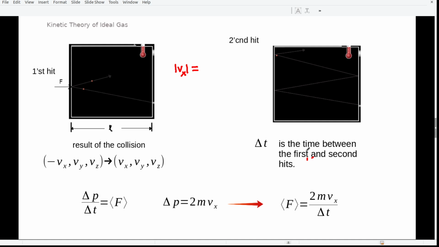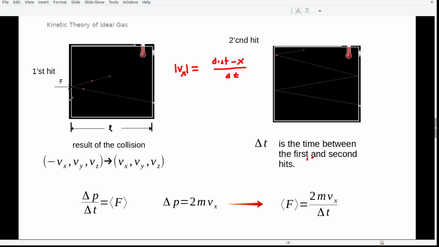We're talking about a round trip here in the x direction. How far does the particle travel in a round trip? This is like the distance in the x over the time, and that time is actually the delta t, the round trip time. How far does it go in the x?